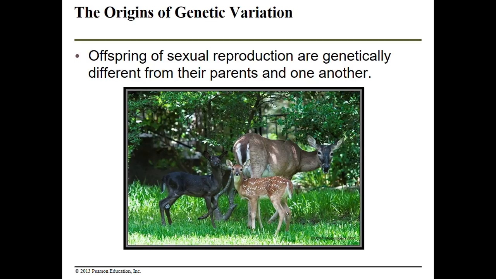For example, the spotted pattern could make this one more easily visible to predators, whereas this dark coloration makes it less visible and more elusive. And this is where natural selection would come in. So if he can hide better, he's not going to get eaten by a predator, right? Or vice versa. Maybe the spotted pattern breaks up the deer and confuses the predator. I don't know. It's where natural selection steps in.